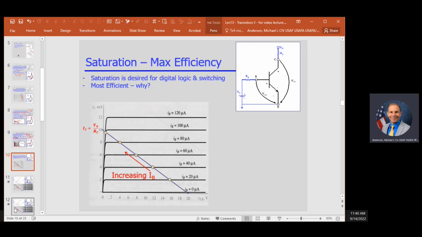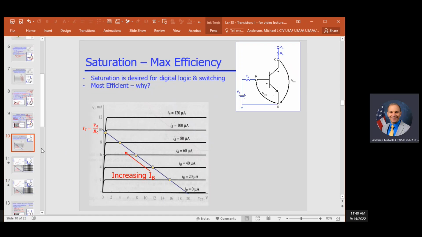And I'll prove it to you really quickly. So here's some analysis. If we look at a basic operating chart for a transistor, and we consider these different operating points. So notice this load line would apply to a given circuit configuration.